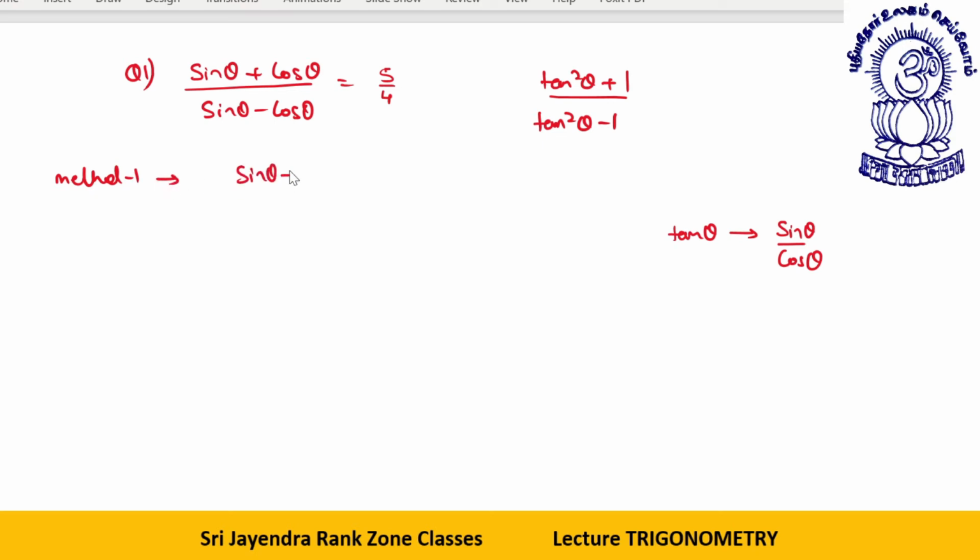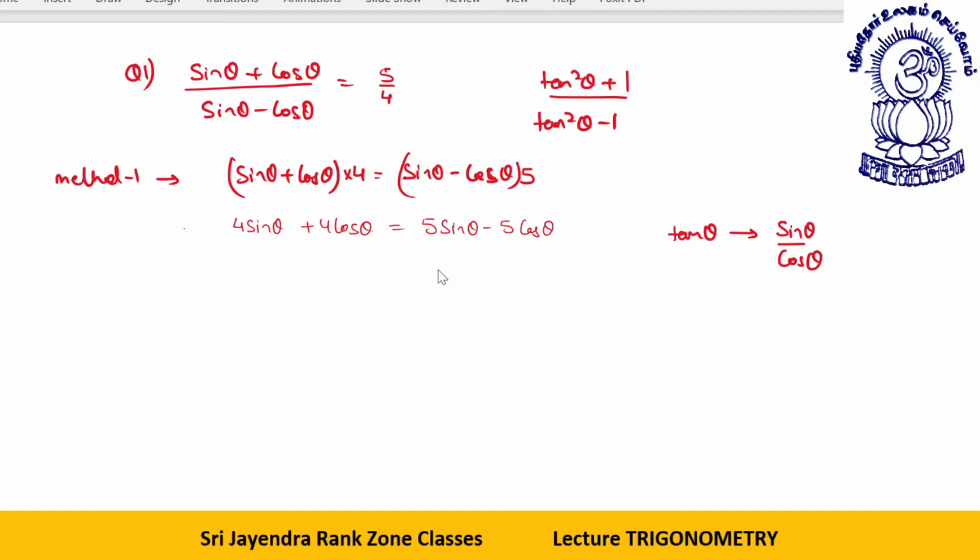Sin theta plus cos theta into 4 is equal to sin theta minus cos theta into 5. Okay, dear students, now what will happen? This will be 4 sin theta plus 4 cos theta is equal to 5 sin theta minus 5 cos theta.